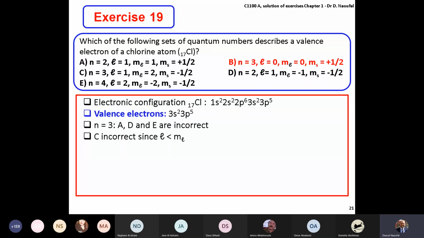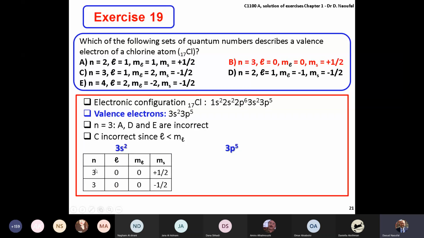Another student can work by another method, which is to write what the quantum numbers are for 3s and 3p. For 3s2, the quantum number n equal 3, s, so L equals 0. ML is between minus L and plus L, so ML equals 0, and MS equal plus half. So the first electron has quantum numbers 3, 0, 0, plus half.